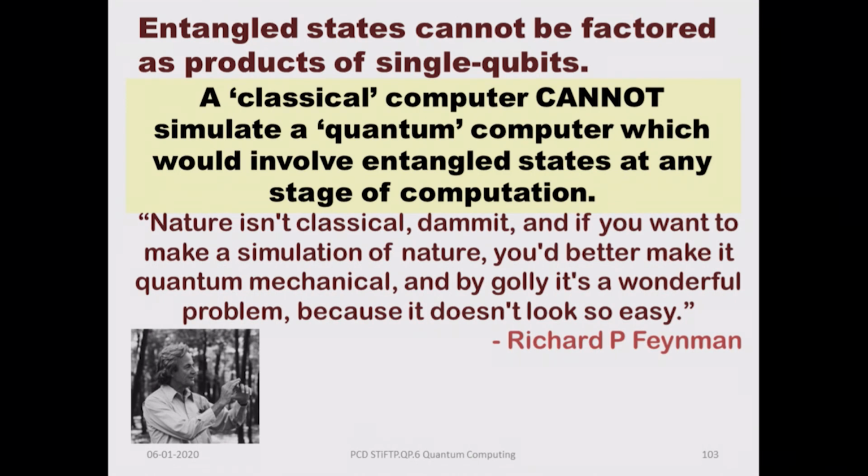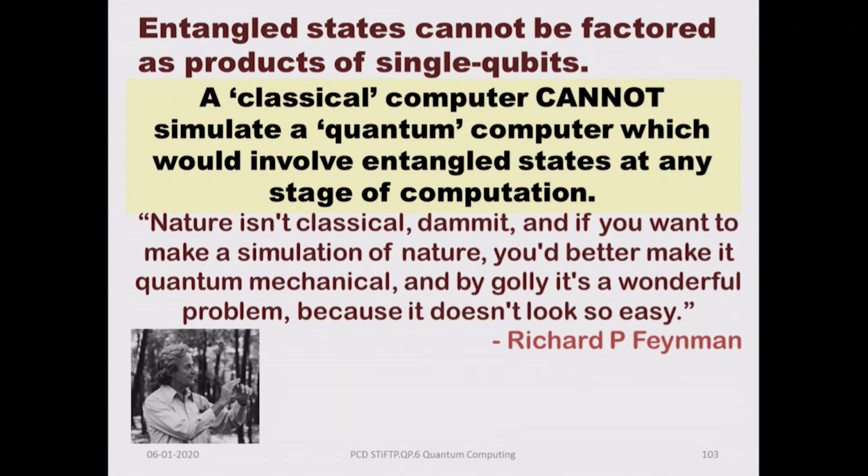And this was the famous remark which Feynman made, and you have to read it in his own words. Nature isn't classical, damn it, and if you want to make a simulation of nature, you had better make it quantum mechanical, and by golly, it's a wonderful problem because it doesn't look so easy.